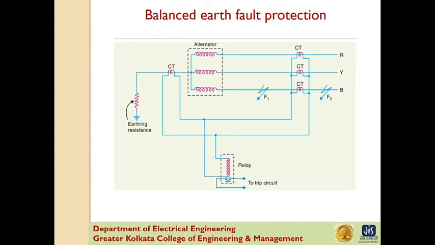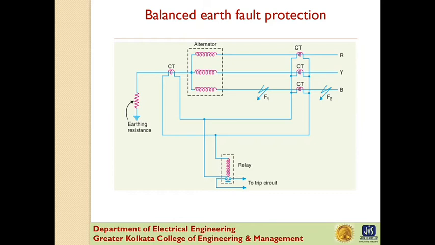Now, in small size alternators, the neutral ends of the three-phase winding are often connected internally to a single terminal. So, the three phases are not available outside the machine. Therefore, it is not possible to use the Merz-Price circulating current principle because there are no facilities for accommodating the necessary current transformer in the neutral connection of each phase winding.